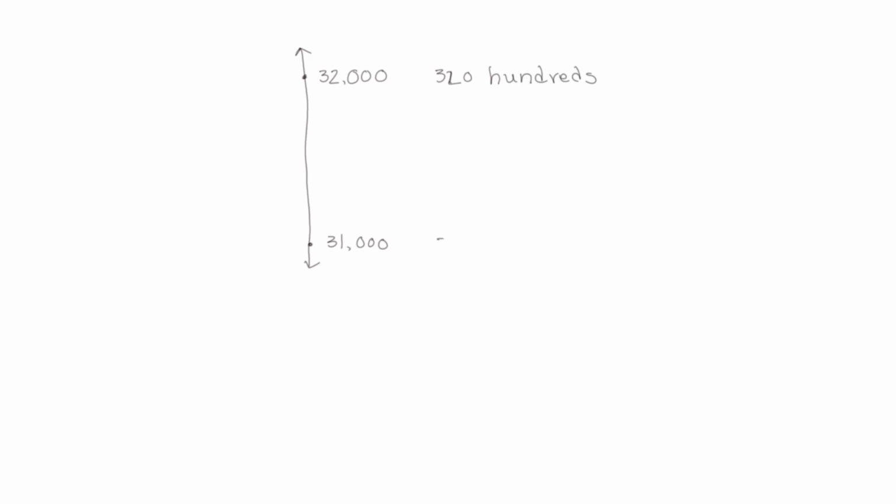So we have 310 hundreds. So halfway between 320 and 310 would be 315. So 315 hundreds. The midpoint would be 31,500.